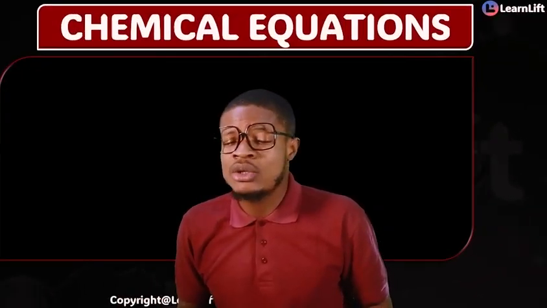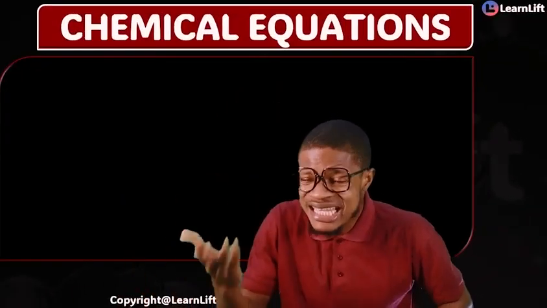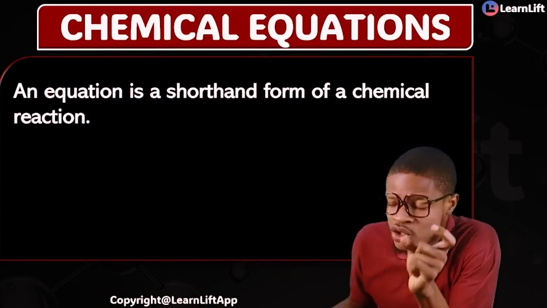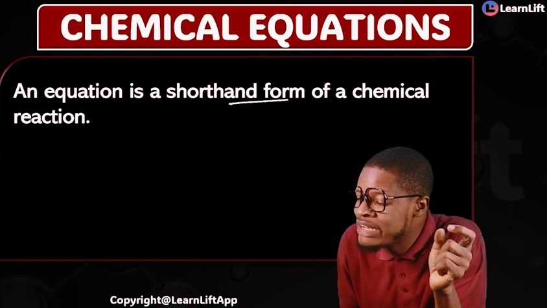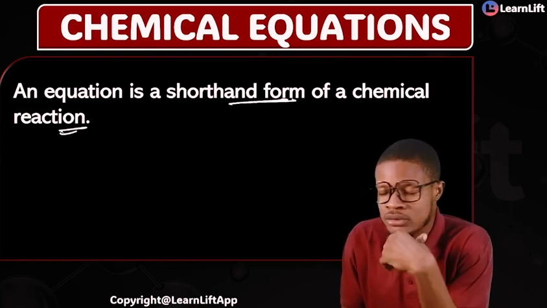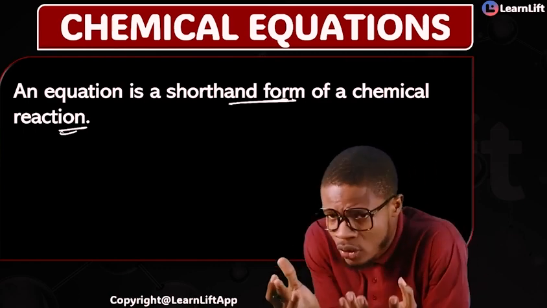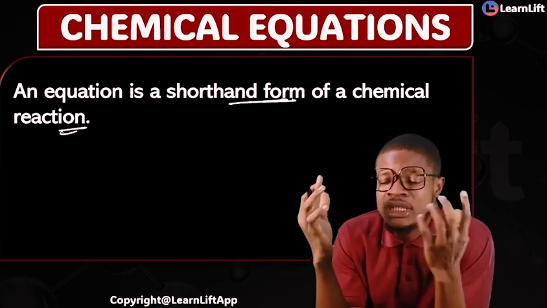And in chemical equations, the quick question is, what is a chemical equation? Don't forget this: an equation is a shorthand form of a chemical reaction. So the shorthand form of a chemical reaction, what is it called? It is called a chemical what? Equation.